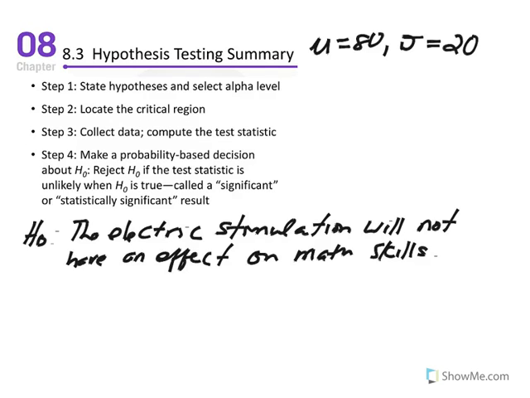All right, and therefore the null would state that the mu treated would equal 80. That given the selection of a sample of individuals who received this electric brain stimulation, we would anticipate, given the null, that their standardized test score average after treatment would be equal to the untreated population, which was also equal to 80. Again, we would state and understand that there would be no change.